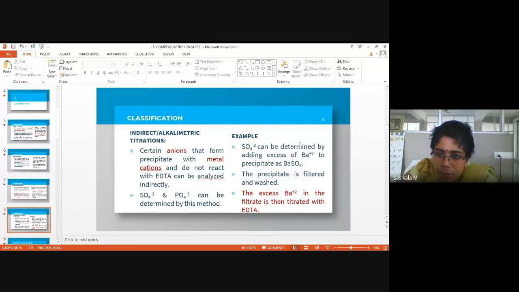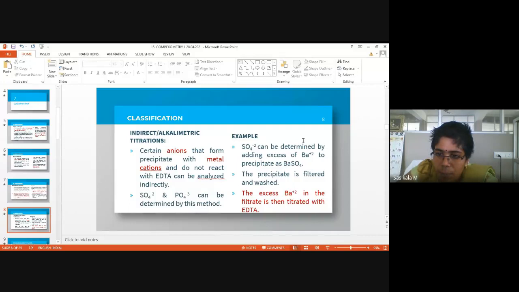Sulfate can be determined by adding excess barium to form a precipitate as barium sulfate. So anions are measured by adding metal to form precipitation. Then the excess of metal added to that anion will be titrated with EDTA.